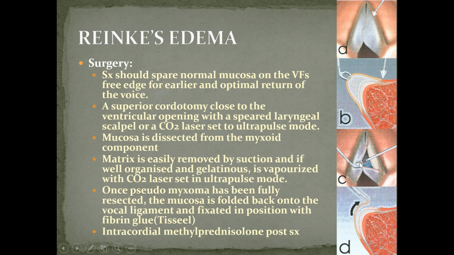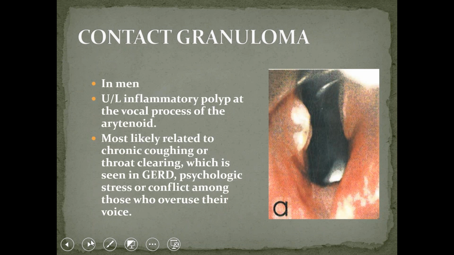Then we need to replace this epithelium again, so that the patient doesn't have any voice changes post-operatively. Then we can apply tissue glue at the incision site so that it will attach properly without any post-operative voice problems.